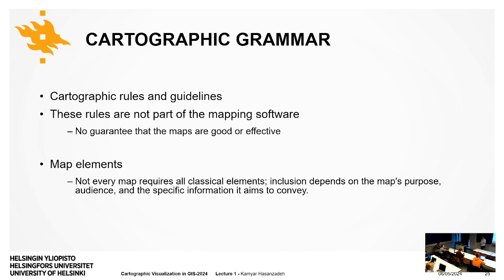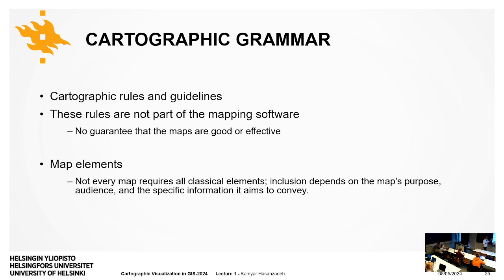Cartographic grammar is part of cartography, but it is not implemented in these software packages. So if you use QGIS, it doesn't automatically make the map good for you, and that's maybe one of the reasons why we see a lot of bad map examples.